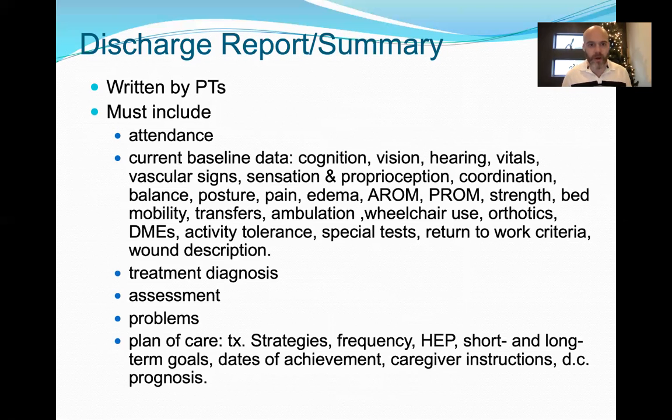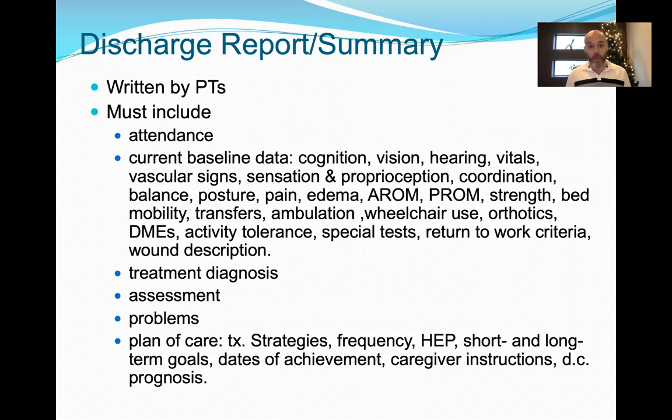This is where it says current baseline data. That means everything about the person, their mental status. What's going to be important for us is the current baseline data for what they were seeing us for. So their range of motion, their active range of motion, their passive range of motion, how flexible they are when we stretch them, their strength, and if they're a low level patient, how well they can move themselves around in the bed and get out of the wheelchair.